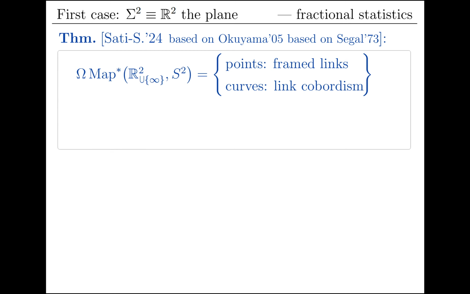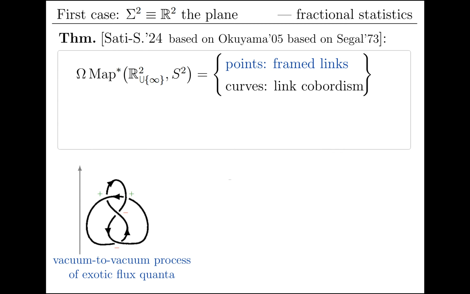And now the theorem, going back to a very classical theorem by Graeme Segal from 1973, says that this loop space has equivalently as points the elements in the space, so the elementary flux processes, the vacuum to vacuum processes, are actually framed links, which in the standard way we bring to paper like this.